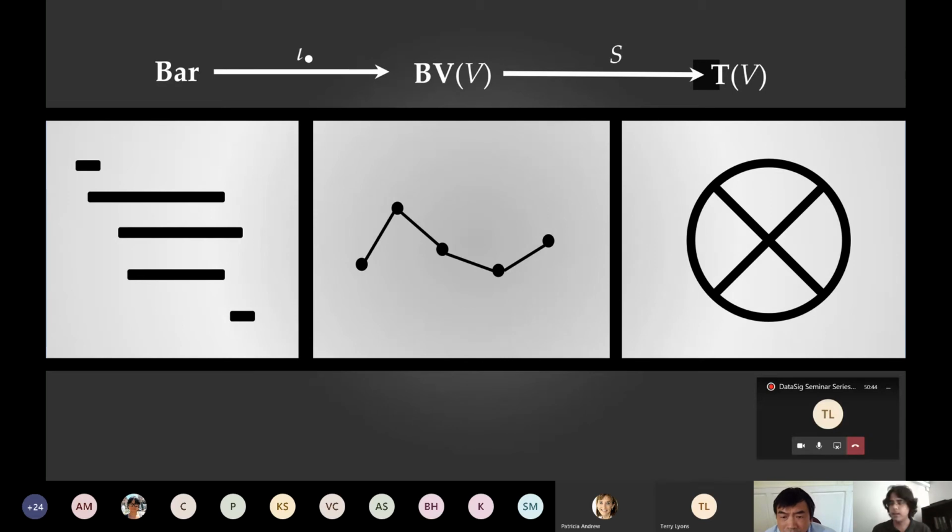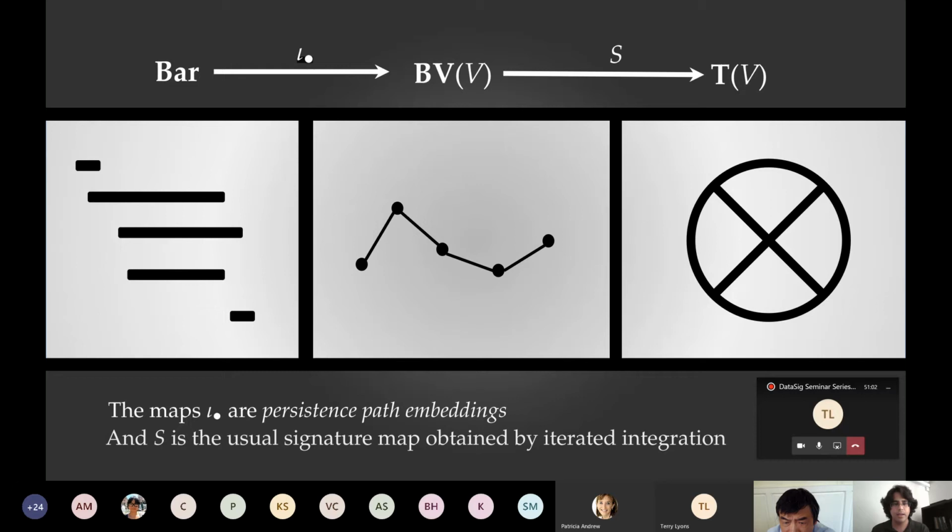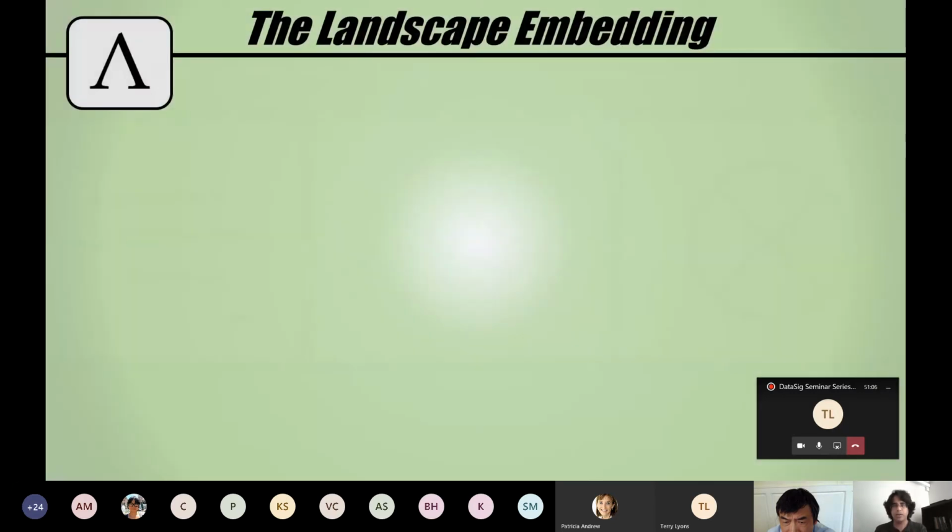I think there's many interesting ways of doing it. So we chose 3. And these are called persistence path embeddings because they embed persistent homology information into paths. And of course, S is the usual signature map. So the first one I want to show you is called the landscape embedding.